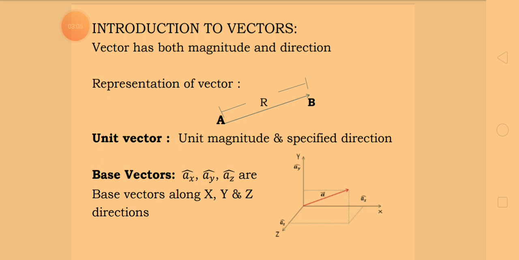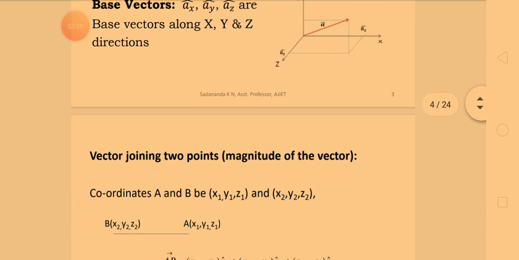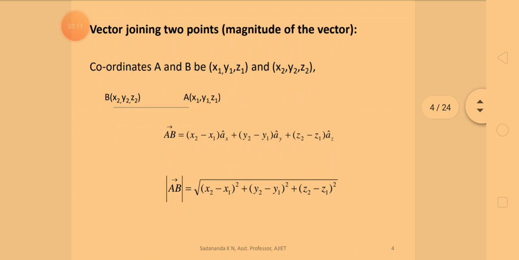Next, we will see how to determine the magnitude of a vector when two vectors are joining.